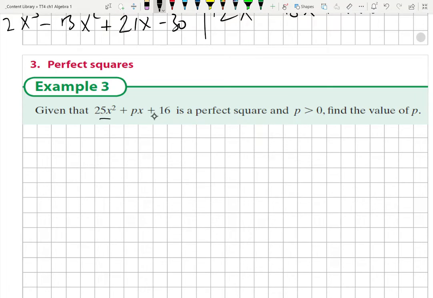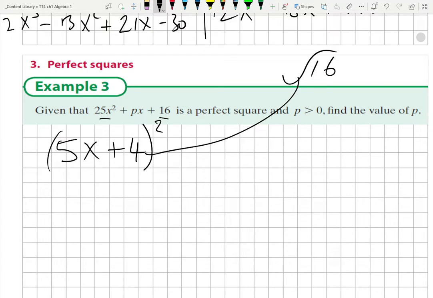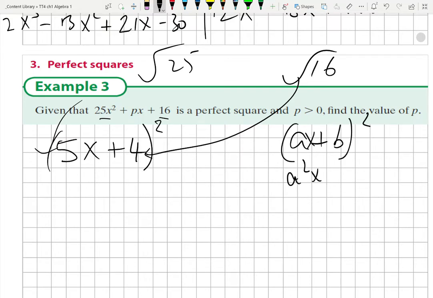Now I'm recognizing this as 25 and 16 means 5x plus 4 has to have been squared, because the root of 16 has to go here and the root of 25 has to go here. That's true. The identity will say ax plus b all squared is a squared x squared plus 2abx plus b squared.